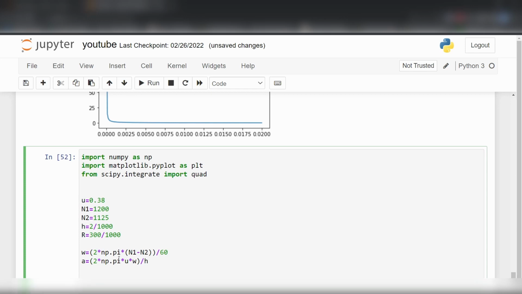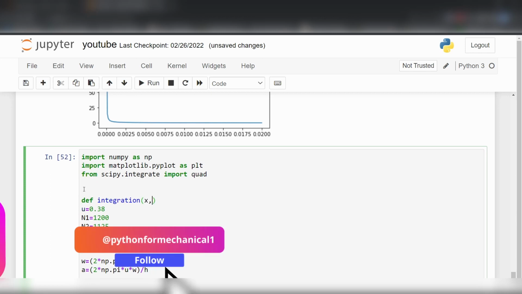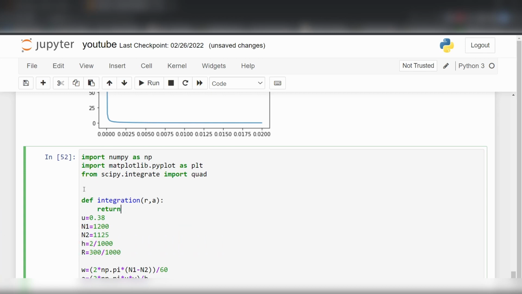Now we will integrate our function. First we define our function: def integration of r comma a, our constant, and return.